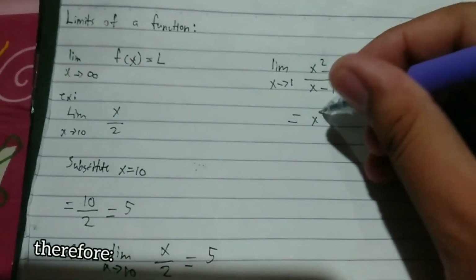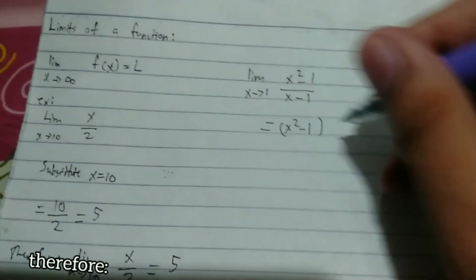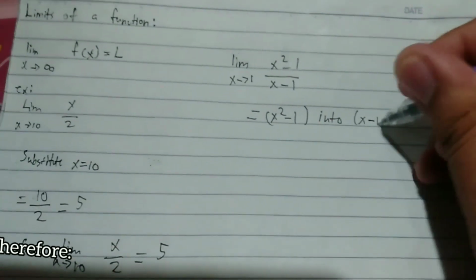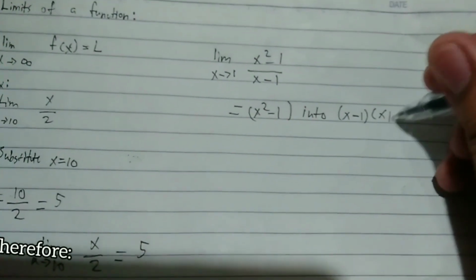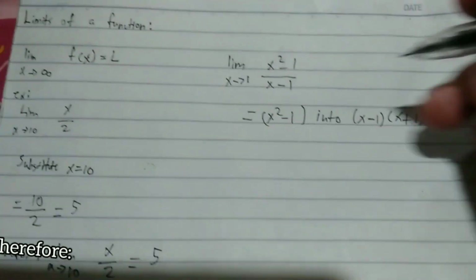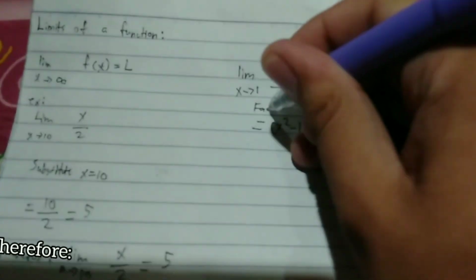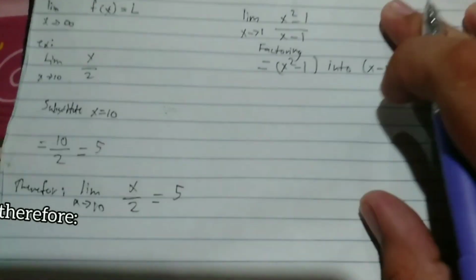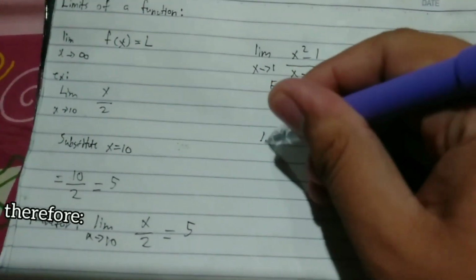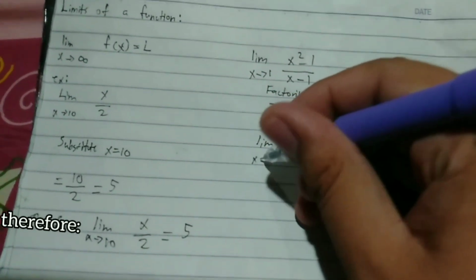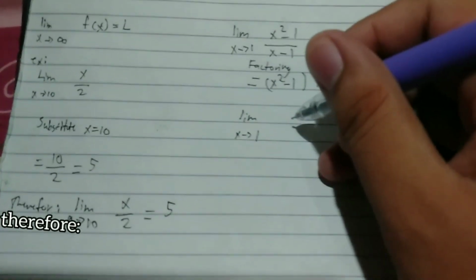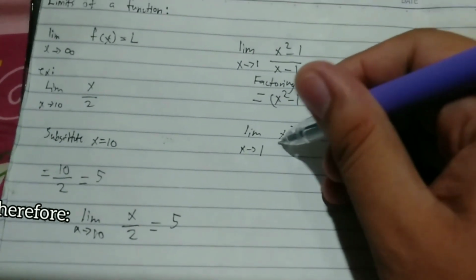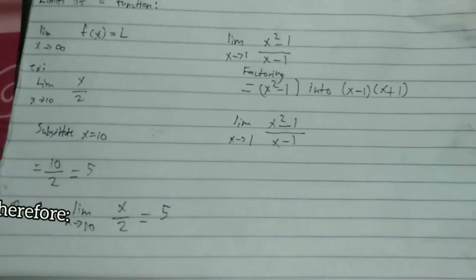We will factor x squared minus 1 into x minus 1 and x plus 1. So we are factoring. So this becomes lim as x approaches 1, x squared minus 1 over x minus 1.